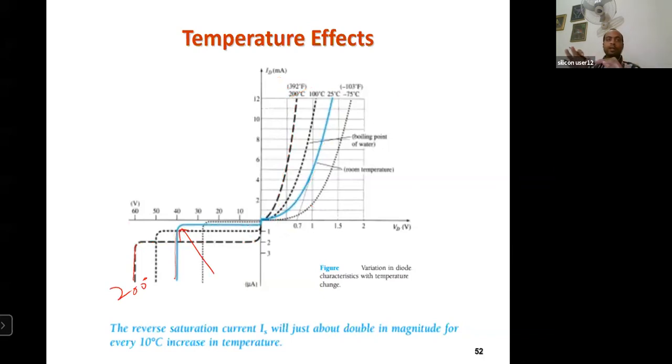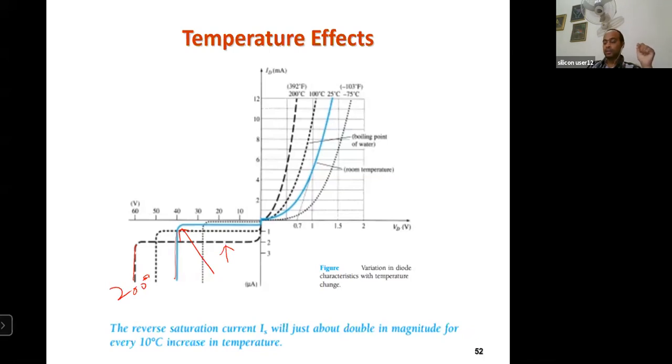Once all these minority carriers are associated with the flow of current, after that only it will go towards breakdown condition. Since we have more minority carriers at 200 degree centigrade, up to a larger amount of negative voltage also it will not break down. It will break down after a higher amount of reverse voltage.